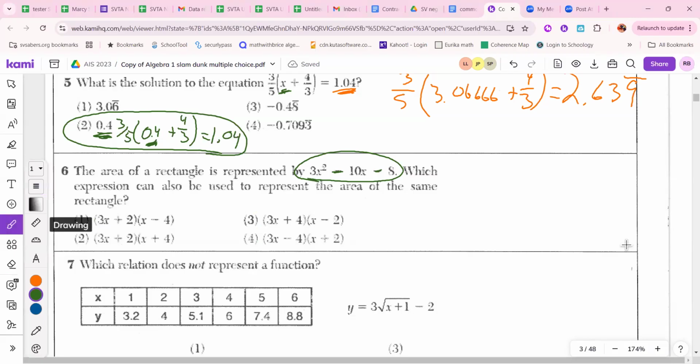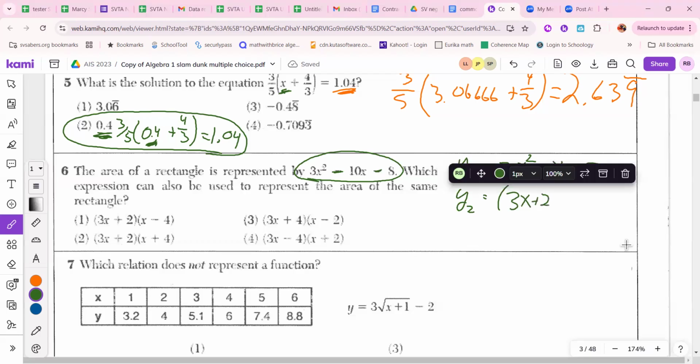So in y1, I put 3x squared minus 10x minus 8. In y2, I put choice 1, 3x plus 2, parenthesis, x minus 4.